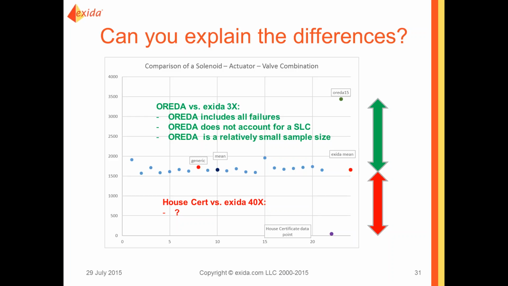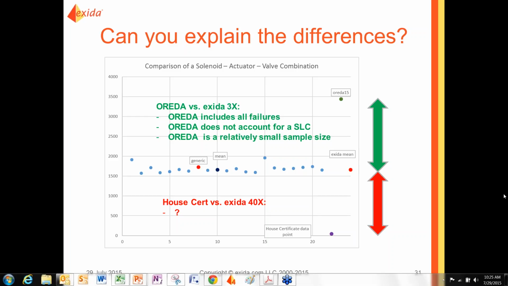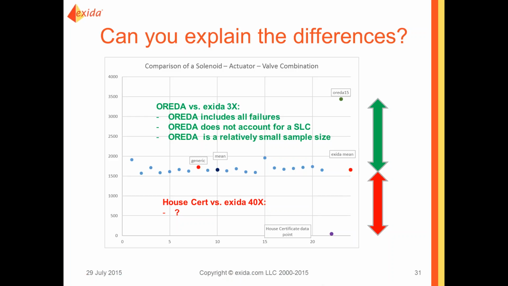There's also a requirement to change out components before the end of their life, so as far as wear-out failures, there shouldn't be any, because by definition, in the safety life cycle, you don't do that. And ARETA is also a relatively small sample size, so when you put confidence factors on it, it increases the number. So the exida data tends to be maybe a third of what the ARETA data is, but there are pretty valid reasons for the differences.